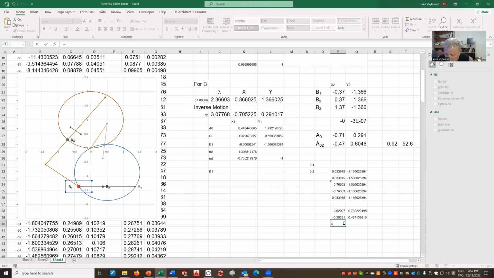Now, this point minus 2 times this length times cosine of this angle.